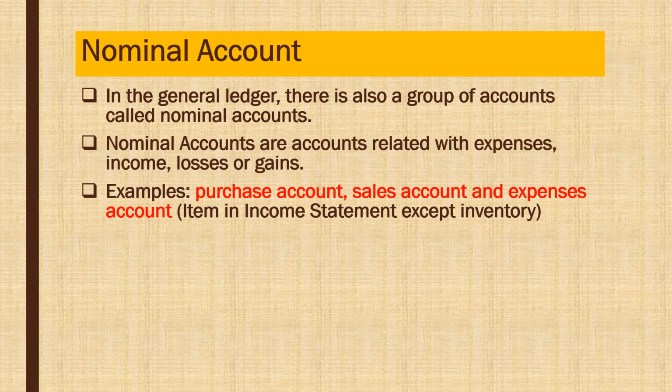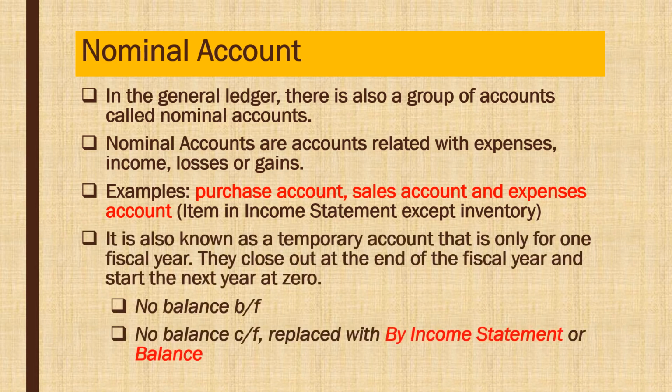Those are items in the income statement, except inventory. They are also known as temporary accounts that are only for one fiscal year. They close out at the end of the fiscal year and start the next year at zero. It means that there is no balance brought forward and no balance carry forward. Replace with by income statement or balance.